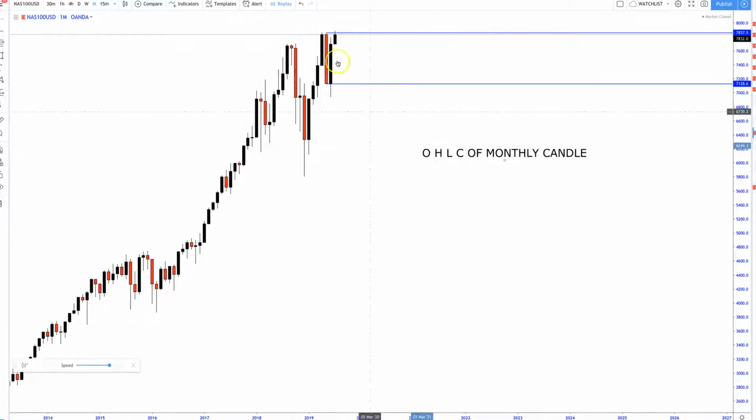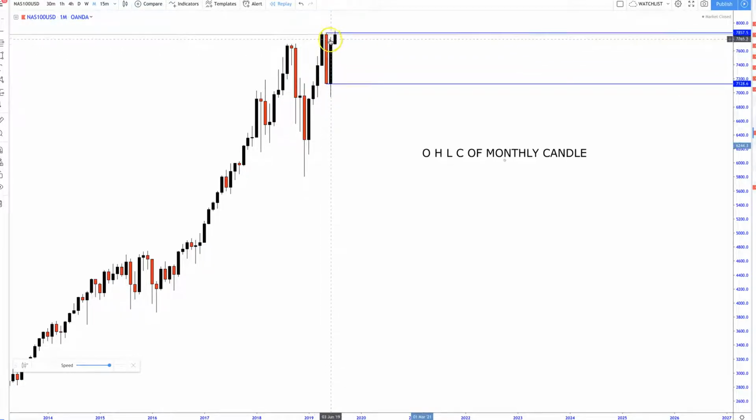You're going to take the open, the high, the low. Let me show you this candle for reference. See this candle here for June? You're going to take where the market opened, which was here, the high, which was that week, the low, which was this week, and the close, which was there.